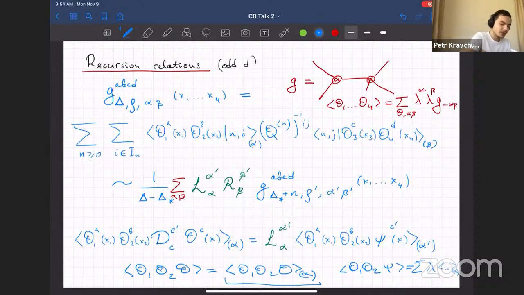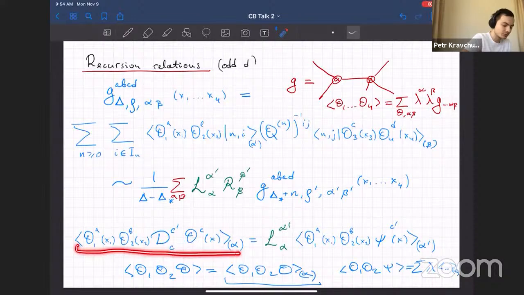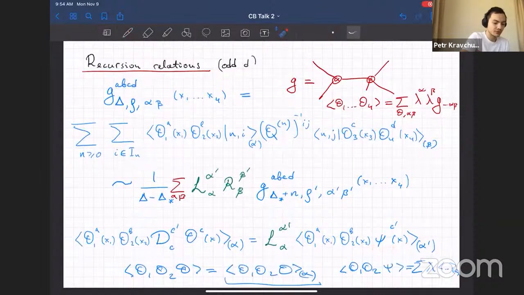What these L alpha prime do is that they're exactly these coefficients. So these are the same things as it says here, because psi is this expression, it's d acting on O. We're taking this 3-point structure, applying this differential operator, and getting a new conformally invariant 3-point function with these new quantum numbers, which are the quantum numbers of psi.